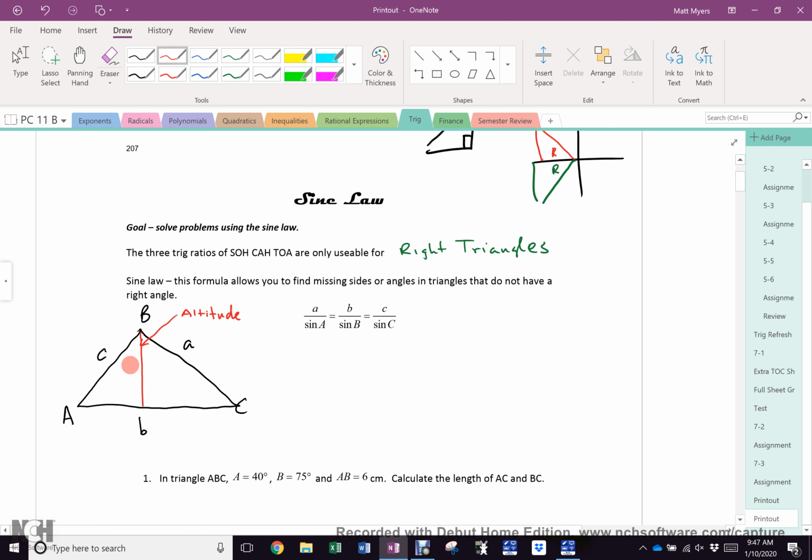Now, that altitude, whenever you see it written in a textbook, for some strange reason, the textbook calls that altitude the height of the triangle. And they abbreviate it with what letter? H. Why is that idiotic?